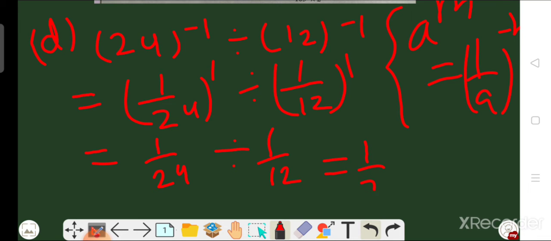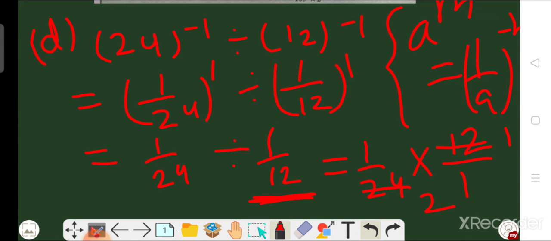So this is equal to 1 by 24 divided by 1 by 12. Division becomes multiplication, and the second rational number is converted into its reciprocal. Clearly 12 is the highest common factor between numerator and denominator, so we have to cancel it. After cancellation this will become 1 and this will become 2.